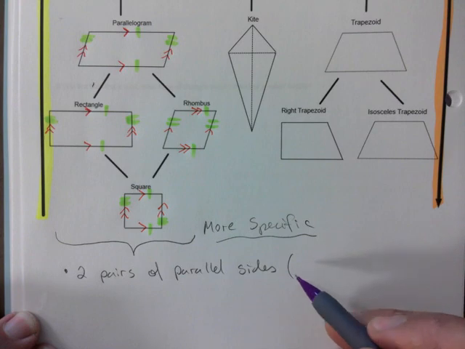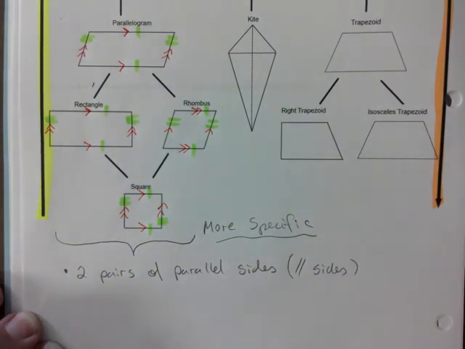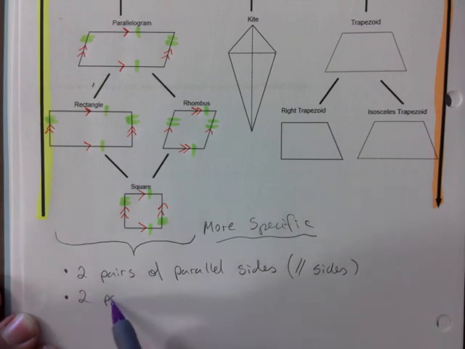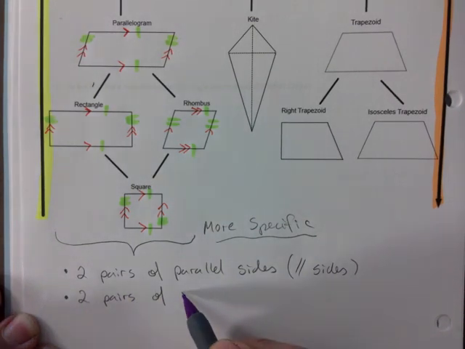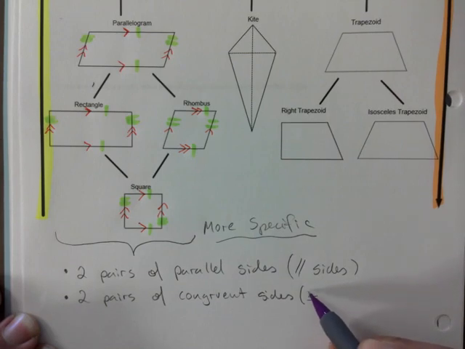And you can also say parallel sides like this. And they all have two pairs of congruent sides. This is a symbol for congruency.